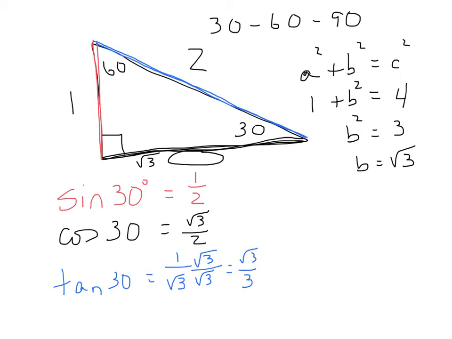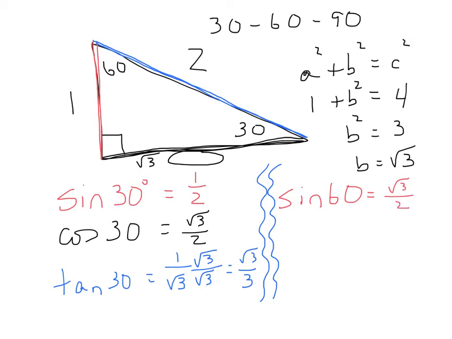Okay, now I'm going to do the same thing for the 60-degree angle because I'm going to use the same triangle. That's one of the nice things about this. So if I go to my 60-degree angle, the sine of 60, which would be the opposite over the hypotenuse, is going to be equal to the square root of 3 divided by 2. The cosine of 60, which in this case will be the adjacent over hypotenuse, would be equal to 1 over 2.